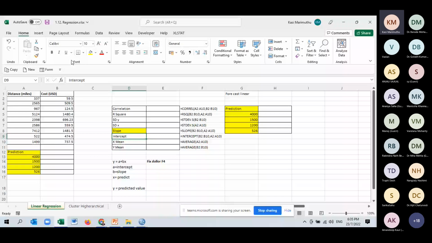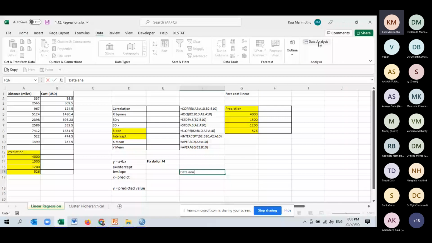Then there is the Data Analysis application: when you click Data, on your right side you will see Data Analysis. In this way also, we can conduct simple linear regression. One more is the Forecast application. I will explain two approaches, then we can move on.